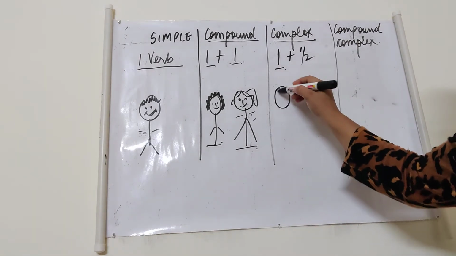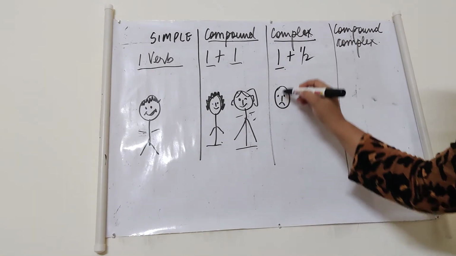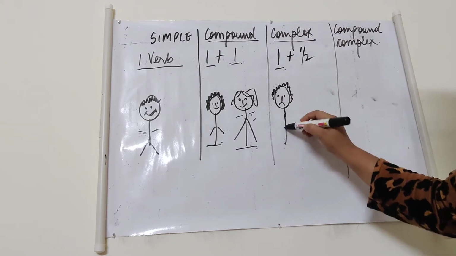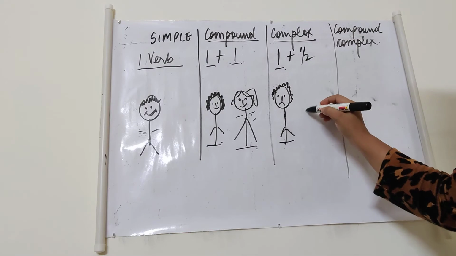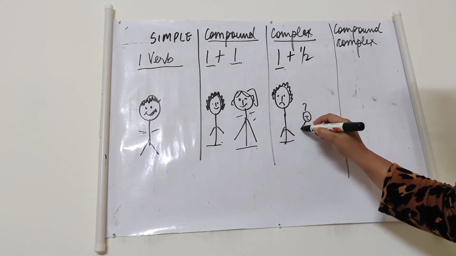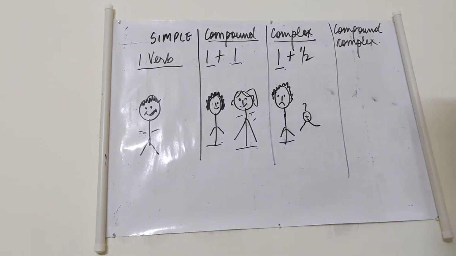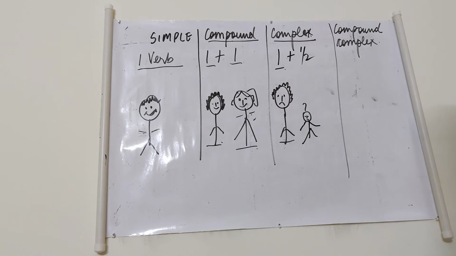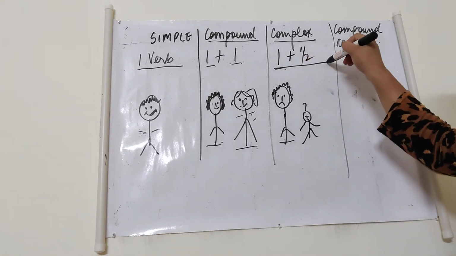So this man is sad because his wife has left him, and again his wife has also left the little toddler with him. So this is this small baby of hers which is staying with father. So one and a half verb.